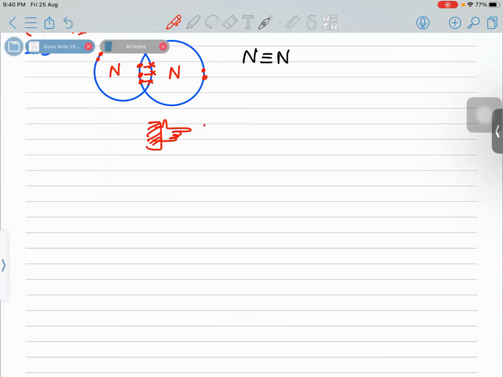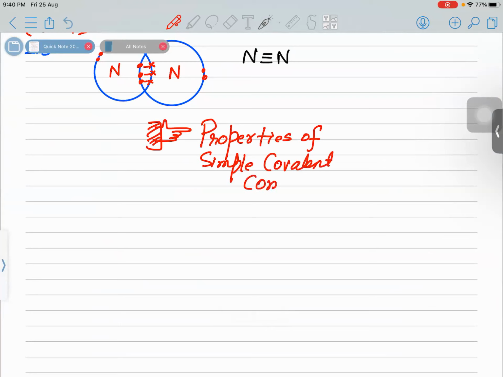Next is properties of simple covalent compound.